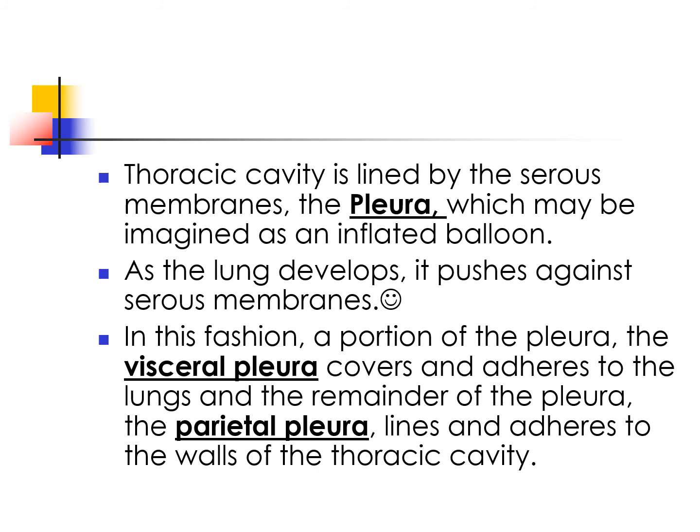So the thoracic cavity is lined by serous membranes called pleura. As the lung develops, it pushes against the serous membranes. In this fashion, a portion of the pleura, the visceral, covers and adheres to the lungs, and the remainder of the pleura, the parietal, lines and adheres to the walls of the thoracic cavity.